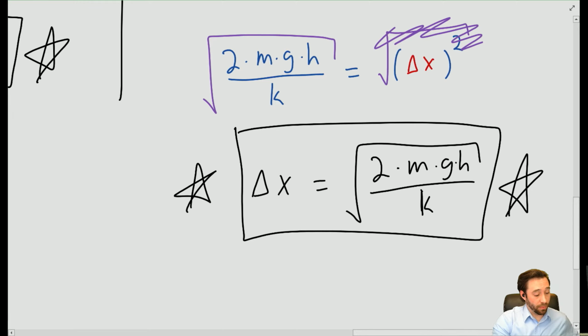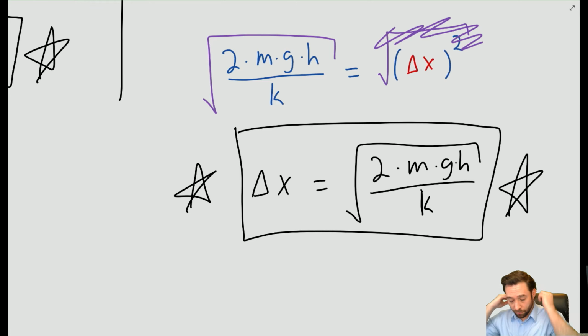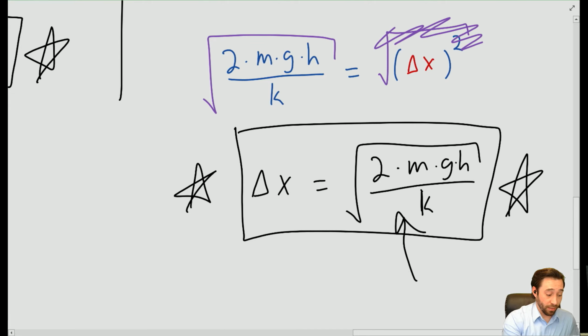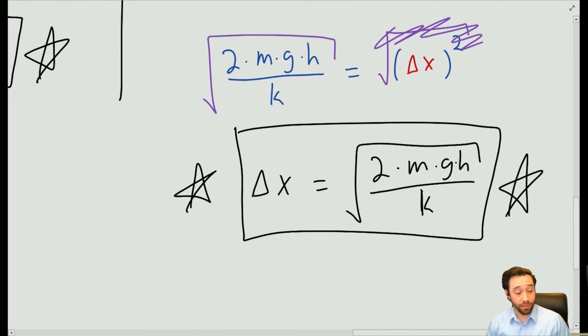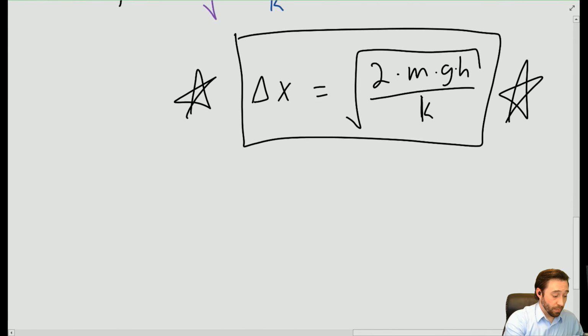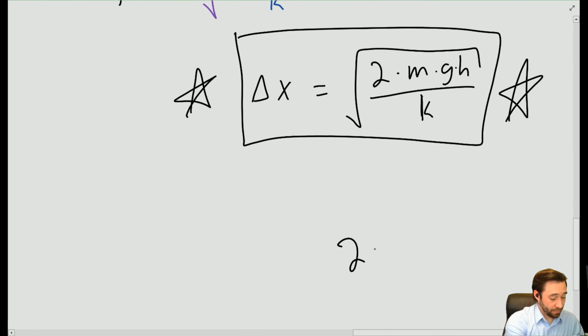Now, this is where people have been running into issues. How do I plug this stuff in? And how do I make sure that the order of operations is proper? So because I've got a fraction inside of a radical, or inside the square root, when you plug this into a calculator, sometimes people will plug this in, and this is actually what they're calculating.